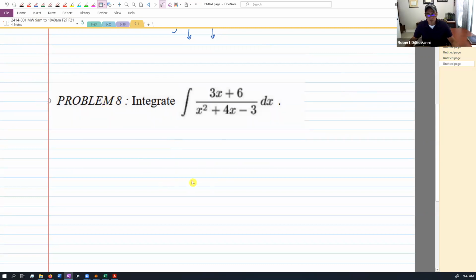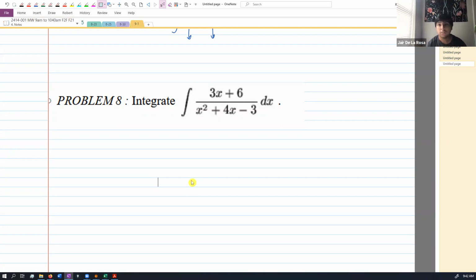In retrospect, Aaron, it makes a little more sense to choose the bottom, because the bottom is a quadratic, right? When you take the derivative of a quadratic, you always get what? A linear function, right? And the numerator is linear.